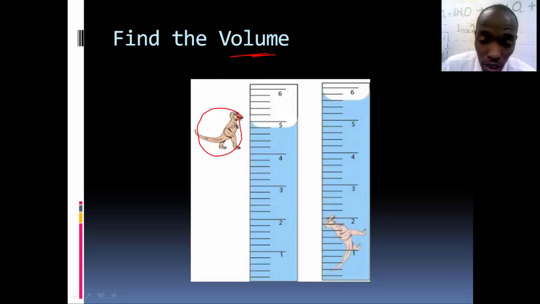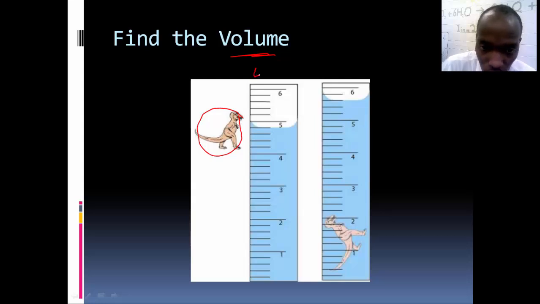Alright, so in between the 3 and the 4 there are 4 hash marks. 1, 2, 3, 4. So what would be the hash marks? They're 0.2 or 2/10. So if you go by 2s all the way up to the next whole number, this is 3, then 3.2, 3.4, 3.6, 3.8, and then 4, 4.2, 4.4, 4.6, 4.8.